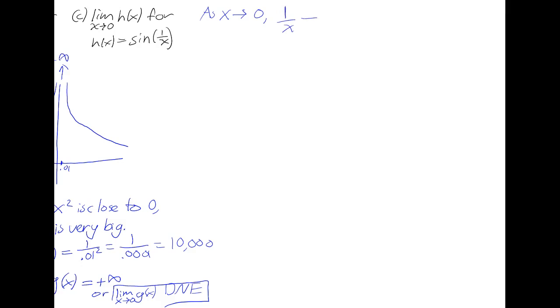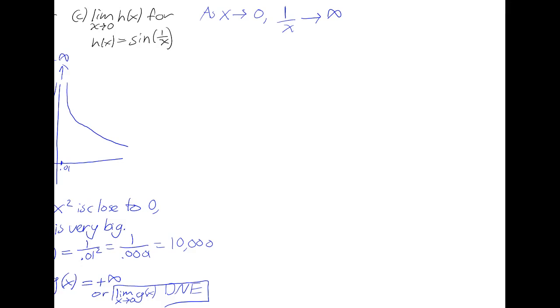1 over x is going to get closer to either infinity or negative infinity, depending on whether x is positive or negative. So the smaller x is, the bigger 1 over x gets, and it keeps growing without limit. Then let's think about the sine function.